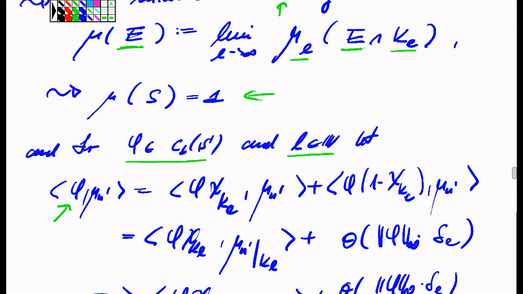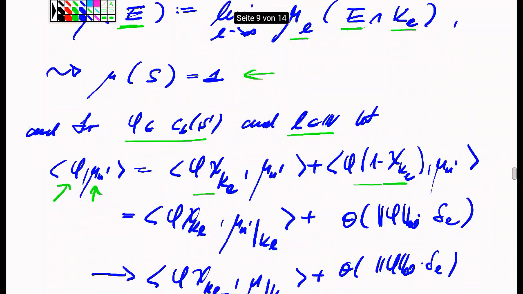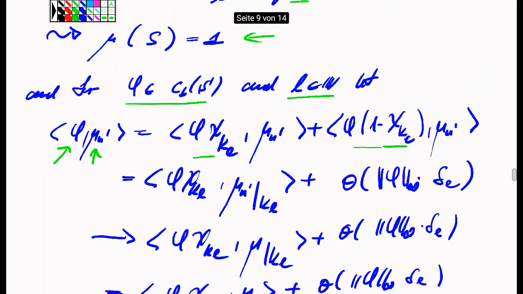So let phi be integrated with respect to the measure mu n prime, where n prime is this properly chosen diagonal subsequence. Then we can decompose this integral by means of a multiplication with an indicator function of this compact subset. So just by multiplying the indicator function and its complement onto phi, we can decompose this integral into these two pieces.